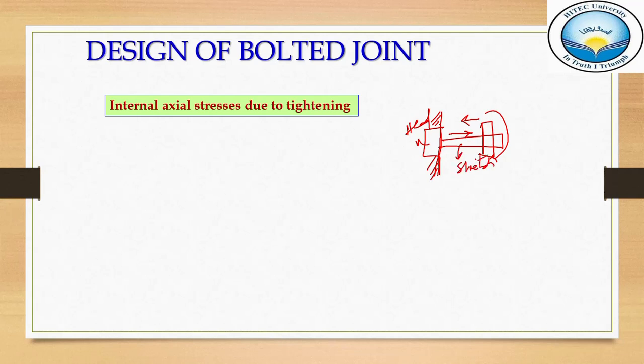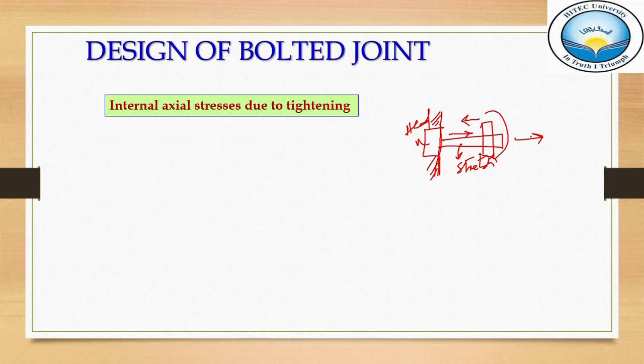You try to stretch the bolt, or provide tension in the bolt, and that is the stress due to tightening. Because these stresses are generally axial, along the length, they are called the internal stresses due to tightening. When you tighten the bolt, the bolt tends to stretch because you are actually pulling the shank through the nut.